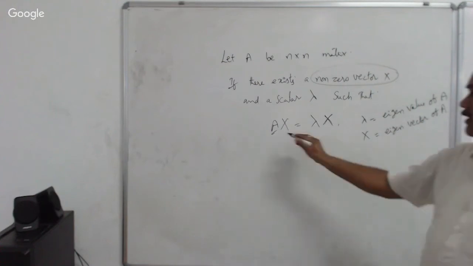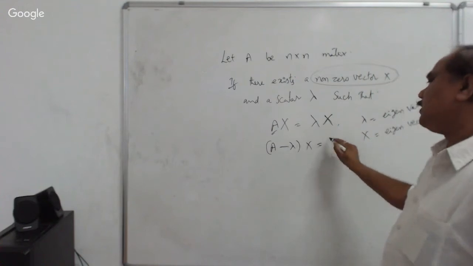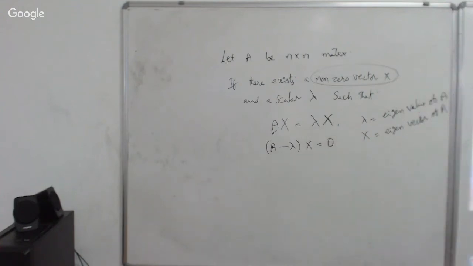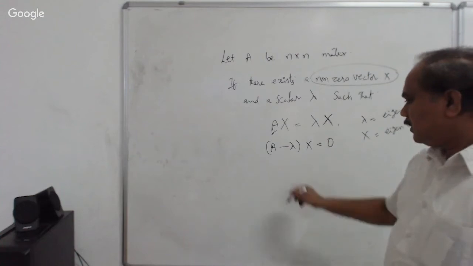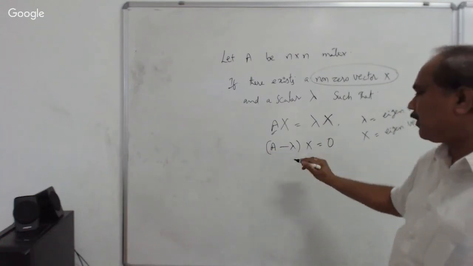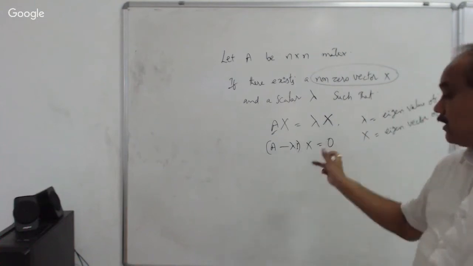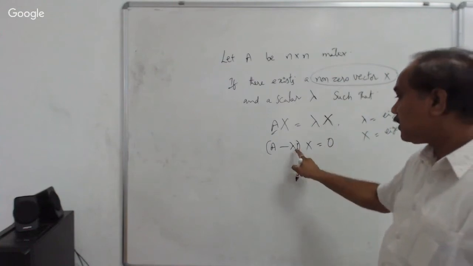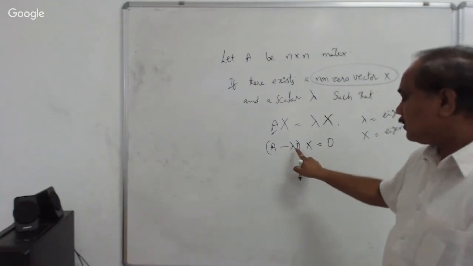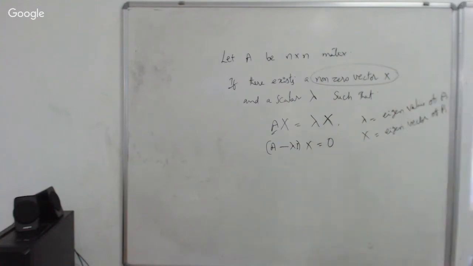You can write this equation as A minus lambda into x equal to 0. But here the problem is that A is a matrix, but lambda is a number. That is not possible. That's why here you should write I. To write it in matrix form, you should write that real number into I always.